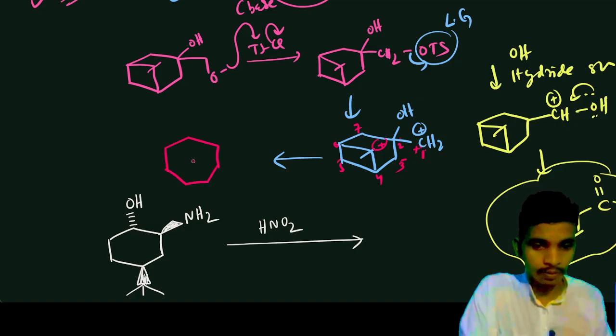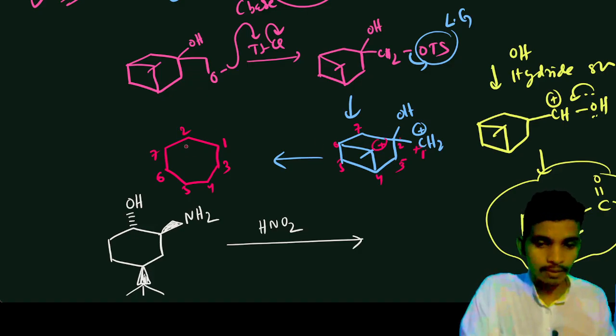Let's name them: this is 1 and 3, this is 4 5 6 7, and this is 2, so 2 is getting the positive charge. 3 has bonds to 6 and 4, and 2 has the OH.